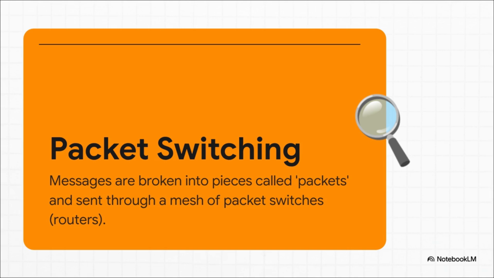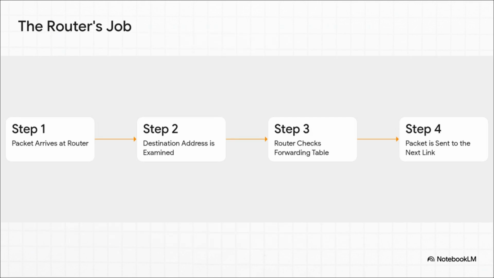Your whole message gets chopped up into these little chunks called packets, and then each packet is sent off on its own to find its way through the maze of the internet. At every intersection on this journey, a device called a router does this little dance called store and forward. The packet arrives, the router stores it for a split second, checks the address, looks at its map to see the best way to send it, and then whoosh, forwards it to the next stop. This happens over and over, millions of times a second, all across the globe.